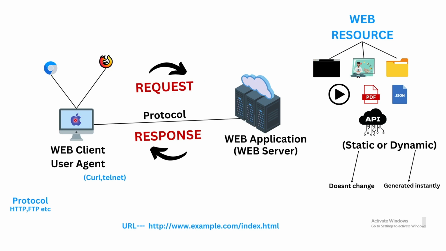But suppose the web client wants a dynamic resource, like a weather update. How can you do it? You first request the web server that you want the weather update of that particular place, and the web application will talk with the web resource.